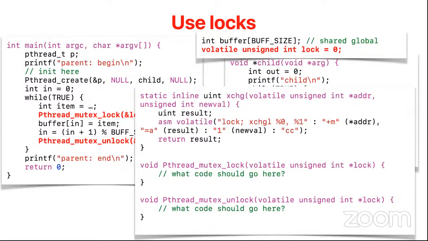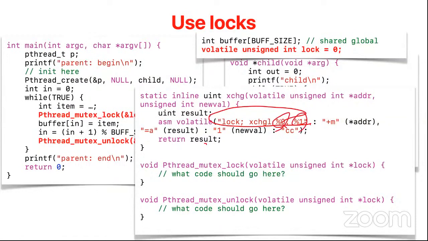And here is the hardware support. That's why, being a software programmer, sometimes you still have to know assembly language. So in x86, they provide this kind of instruction, exchange. This exchange instruction receives two arguments.